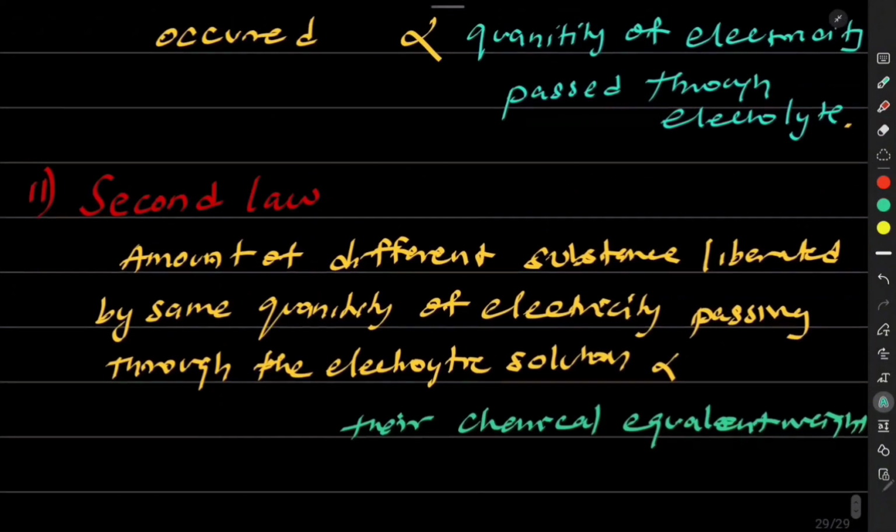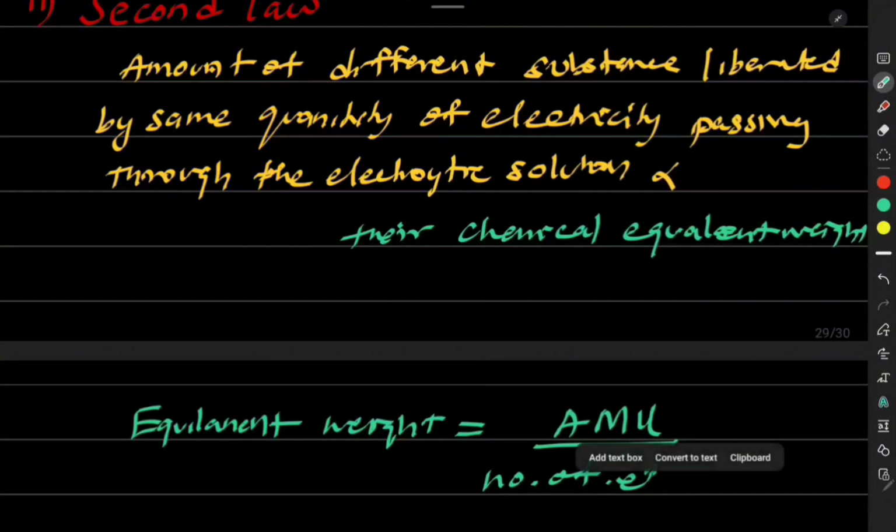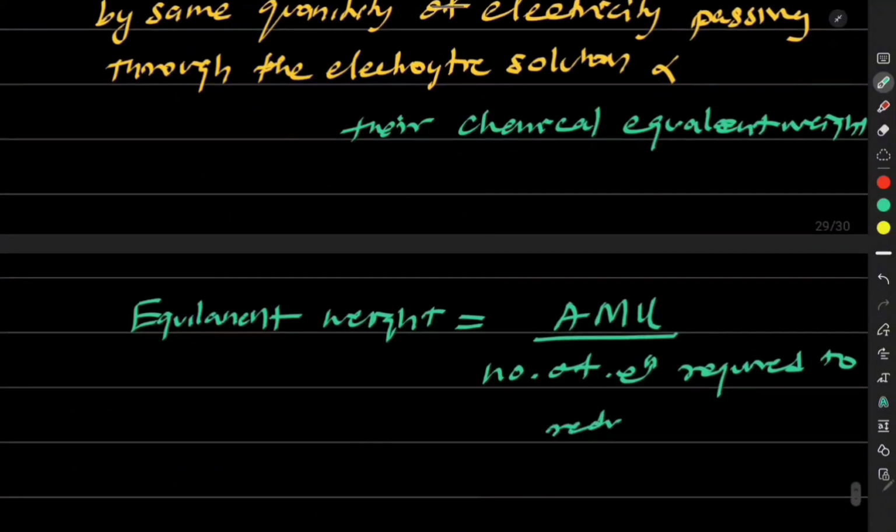Chemical equivalent weight means atomic mass divided by the number of electrons required to reduce at the cathode.